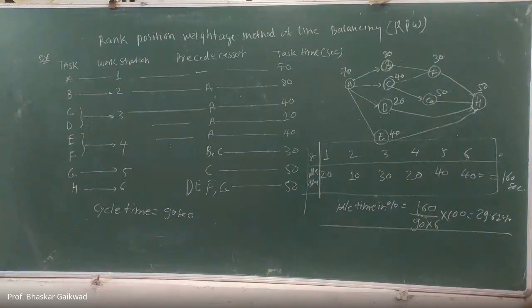So already I have taken these problems, but yesterday one of you had asked about these methods. That's why I repeated this problem. Okay, very simple problem. First, you have to make the network diagram. Idle times you have to calculate. After that, percentage of idle time. Okay.